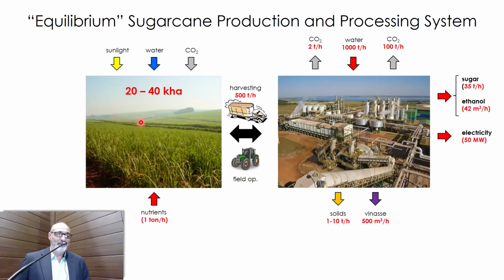We have an average cultivation area. We know the amounts of biomass that we have to process. This is for the agricultural people, and this is for the industrial people. You have to think in terms of processing rate, 500 tons per hour. This will define more or less the size of your equipment. Well, you know all this data.